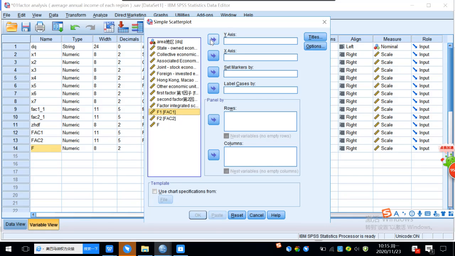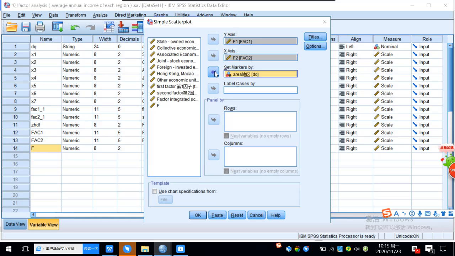For example, F1 is y, F2 is x, set marks by area. Oh, sorry, it's not set marks. Label cases by area.